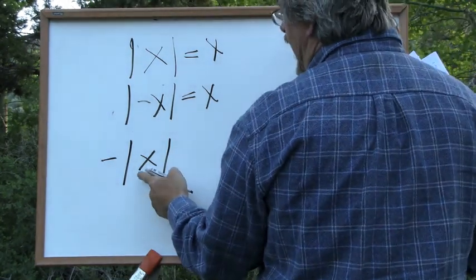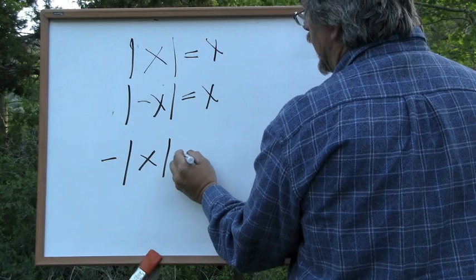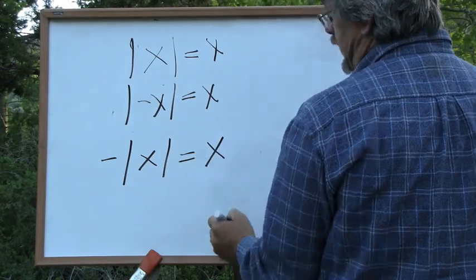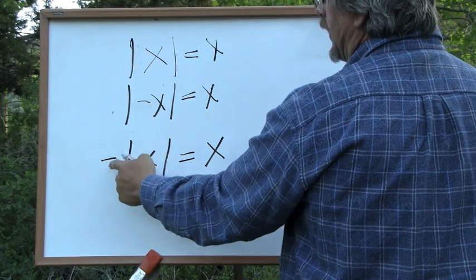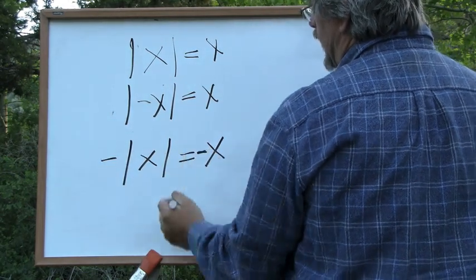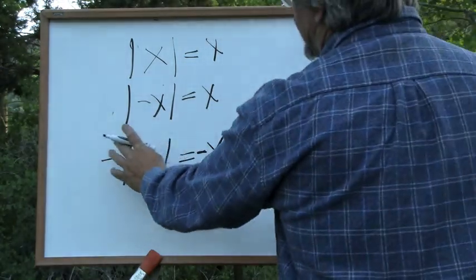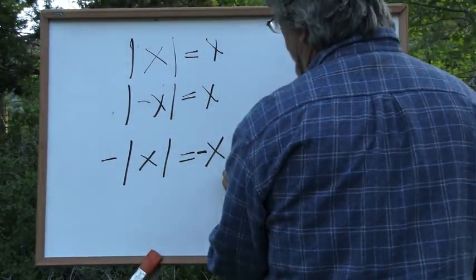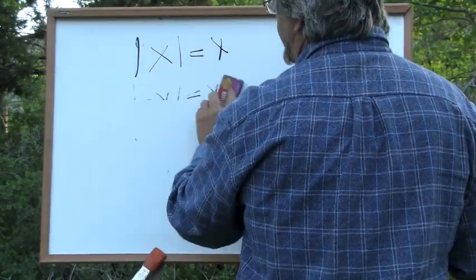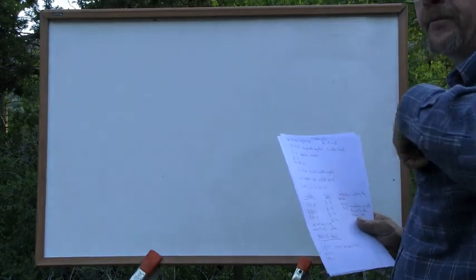The absolute value of what is inside those bars is always positive, regardless of the sign inside. If you have a negative outside, though, it does make that negative, because that's negating the entire expression. Does that make sense? Anything inside the absolute value bars gives you a complete positive.